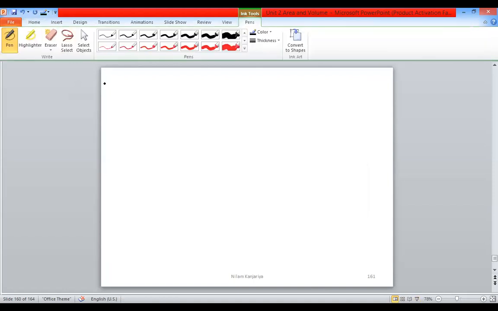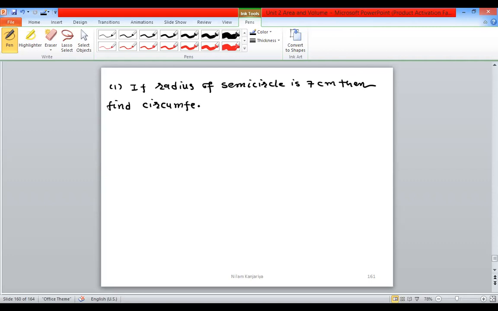My question is, if the radius of the semicircle is 7 centimeter, then find the circumference and area.